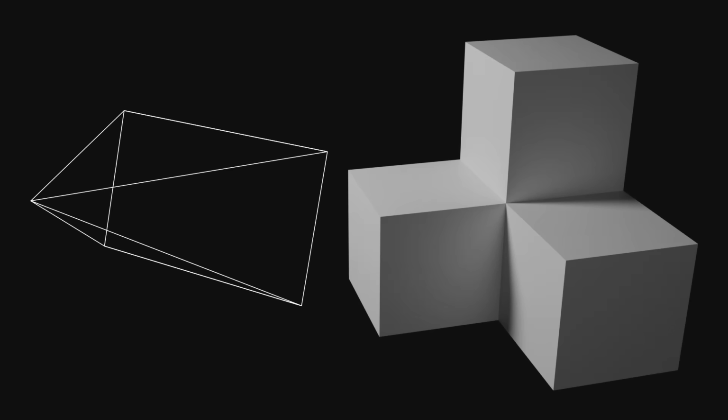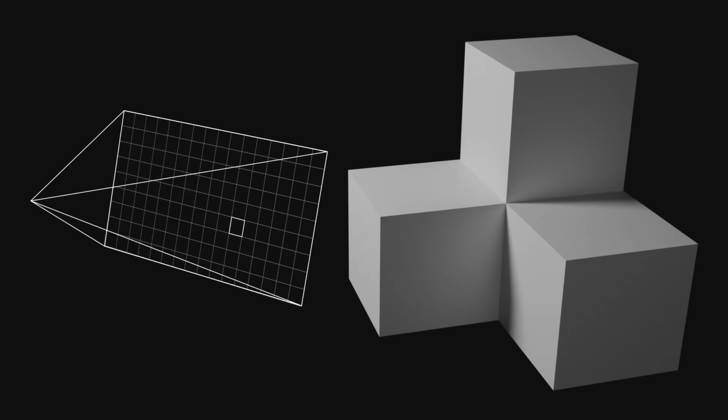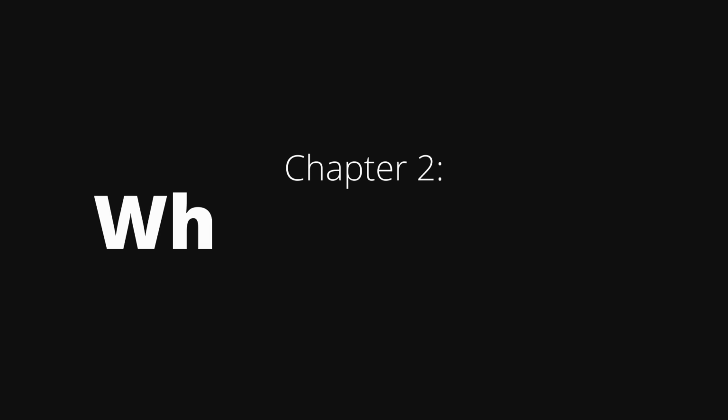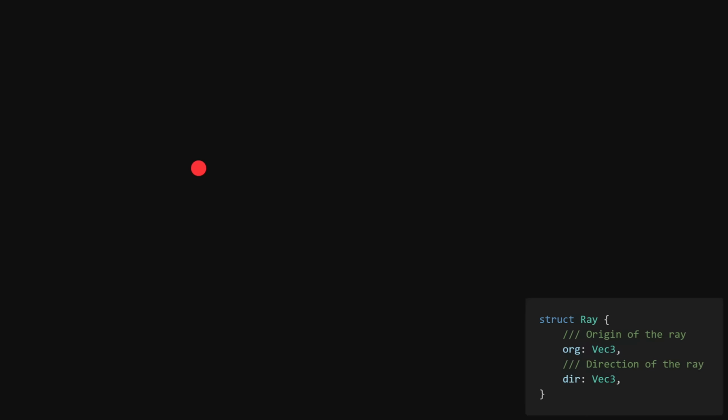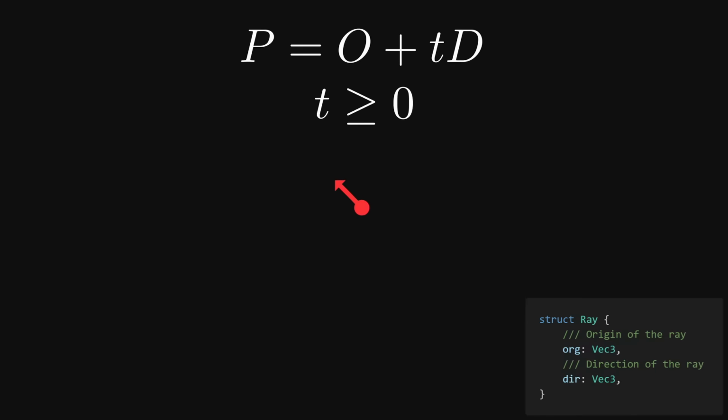Now that we know what a voxel is, how do we describe the idea of a pixel looking at one? That's where the mathematical concept of a ray comes in, which leads us to the next question. What is a ray? In our case, it will make the most sense to define a ray given by the origin O and the non-zero direction D as the set of all points P that satisfy these two constraints.